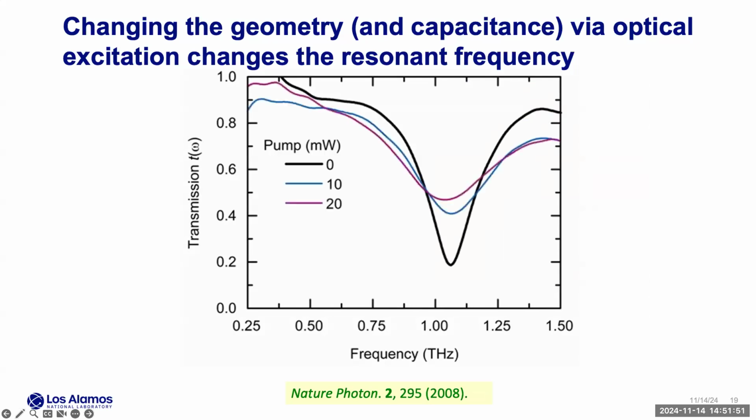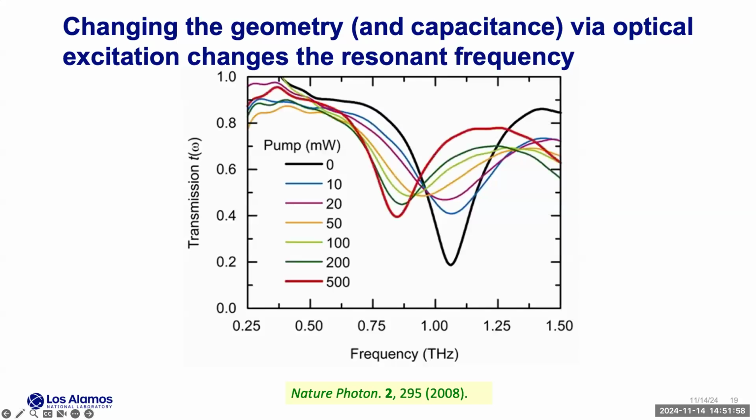As you increase the excitation, so you keep increasing the excitation, you actually can change the resonance frequency. And this is actually almost like a phase transition, because you have one well-defined resonance frequency, and upon photoexcitation, you have a change in resonance frequency.